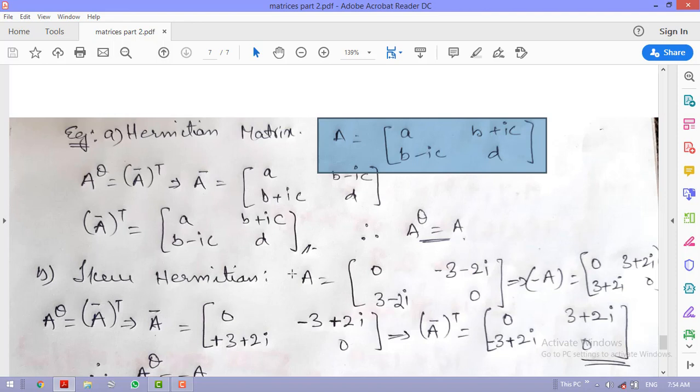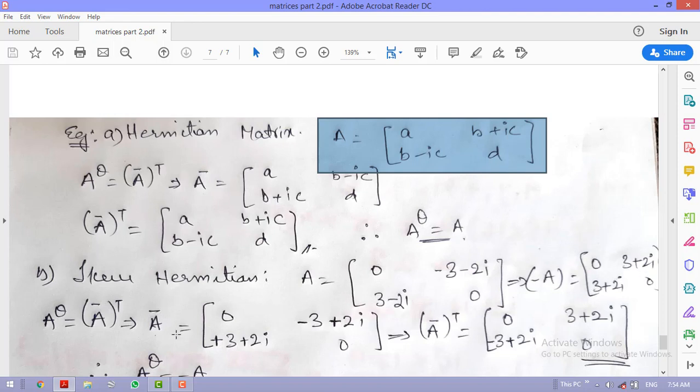And for skew Hermitian matrix, if A is equal to 0, minus 3 minus 2i, 3 minus 2i, 0. If I apply a negative operation to this, then it is 0, minus 3 plus 2i, 3 plus 2i, 0.